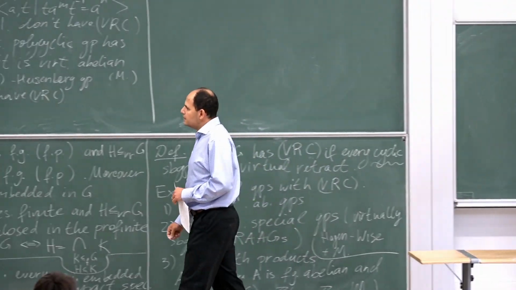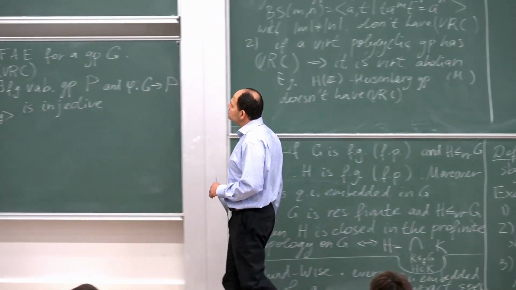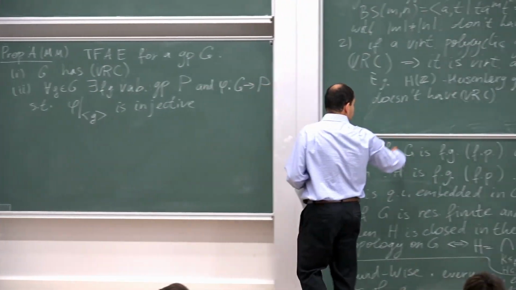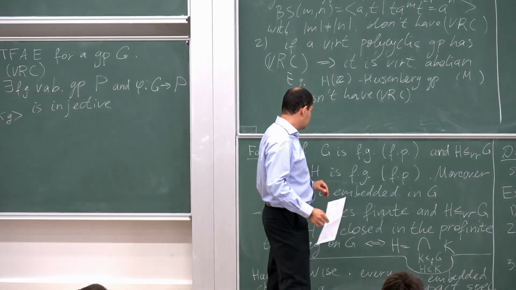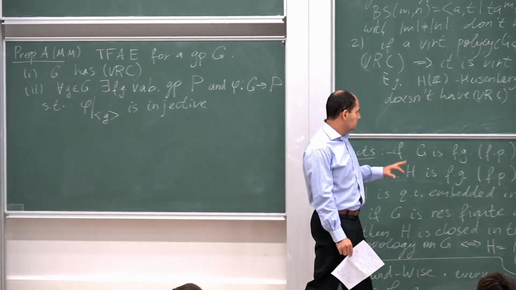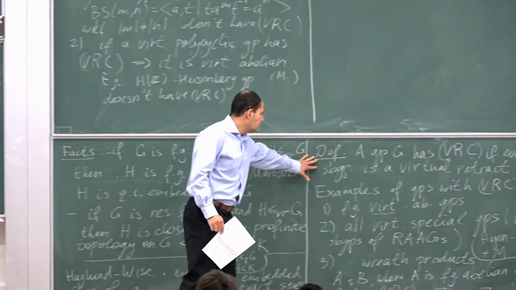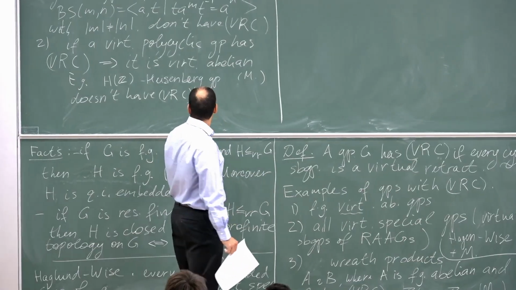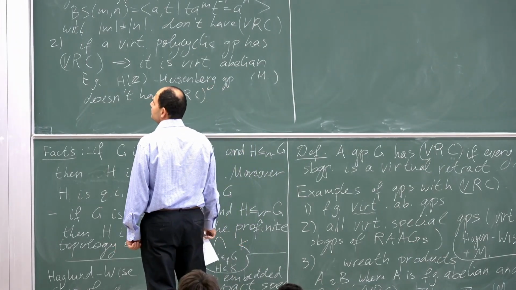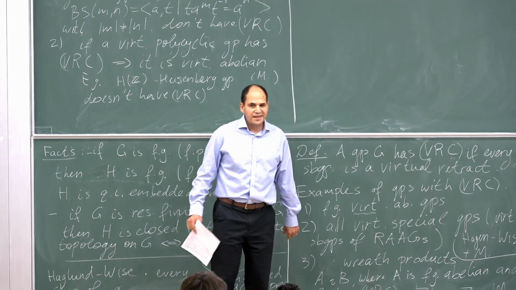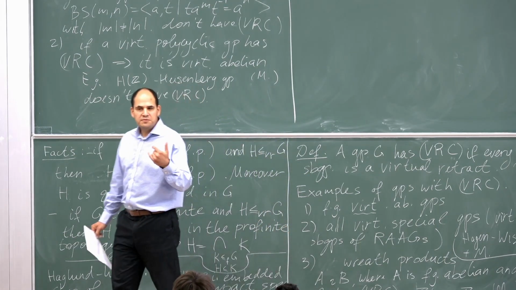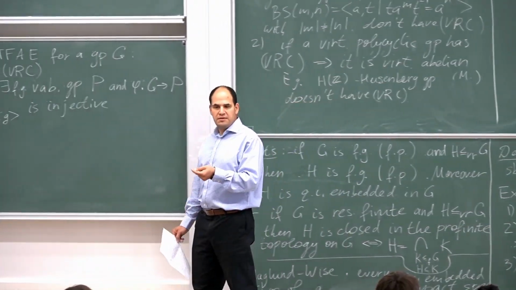And in some sense, it's nicer to work with because, you see, if you look at the definition of VRC, which is on the very top left of the board, this says something about homomorphisms from finite index subgroups to Z, right?